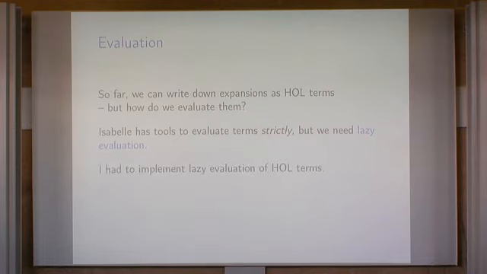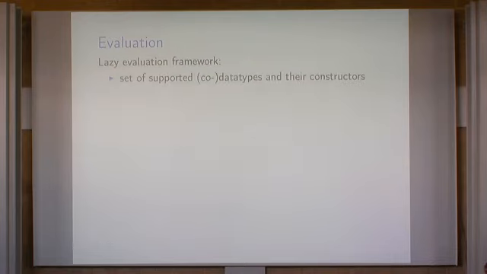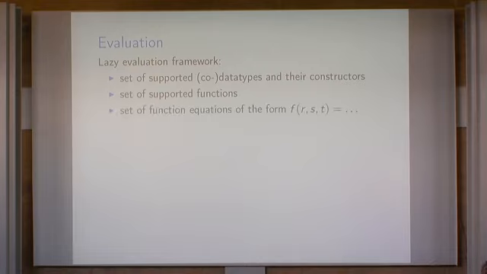And so yeah, that's what I had to do. I had to implement a lazy evaluation engine for whole terms. For this I wrote this little framework where you essentially say, okay, these are the data types and co-data types I want to support, and these are the constructors that they have, and these are the functions on data types and co-data types that I want to support. And the functions are defined by function equations of this form.